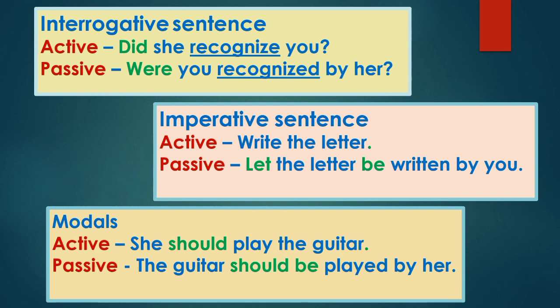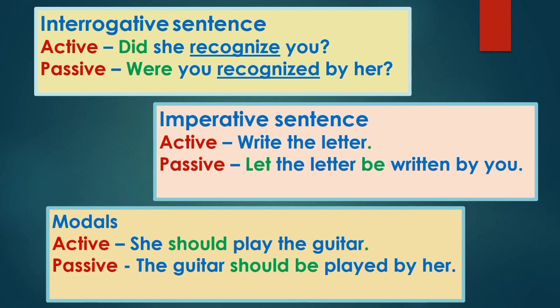"You" will come here at the first place. "Recognize" will change into "recognized", as it is a third form. According to the rule, the "by" will come and "she" will come here at the end, which will be converted into "her". So, "Did she recognize you?" will be converted into "Were you recognized by her?"